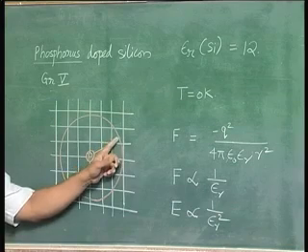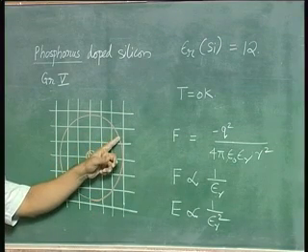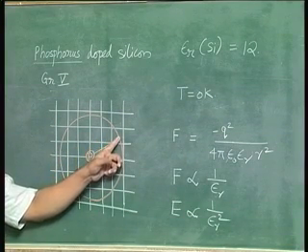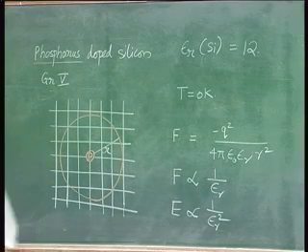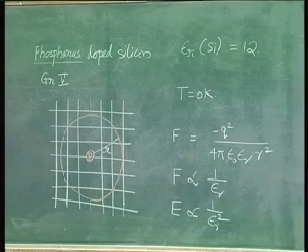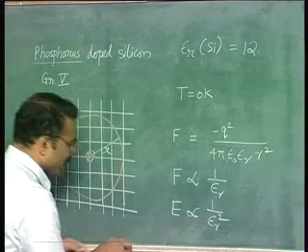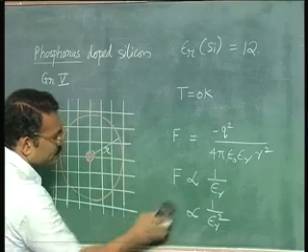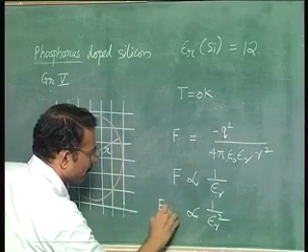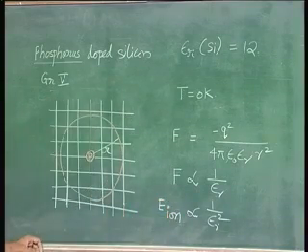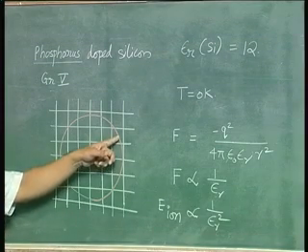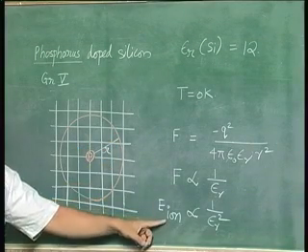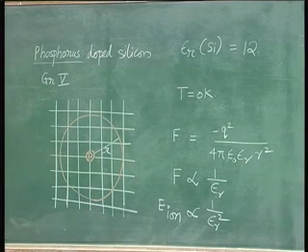Now this energy of the electron that we are talking about is actually the energy required to free the electron from this particular orbit and take it to infinity. So this is the ionization energy of the electron of phosphorus. So we can call this E ion. So the energy required to free this electron, which is E ion, is proportional to 1 by epsilon r square.